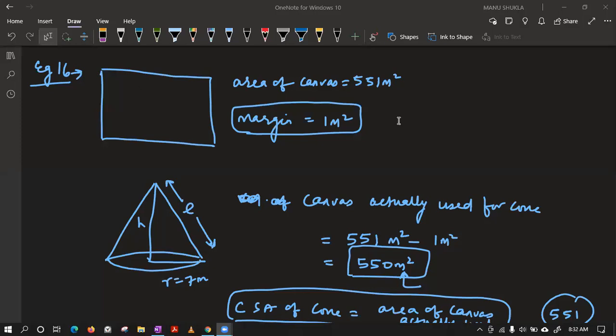Yes, you can get that, and after you have found it, we can find the length. But in this canvas nothing is given to you, na? Neither the length, neither the breadth. They have just given you the area, na? If they had given you the breadth, in that case you could have found the length. Sir, breadth we can find from the cone because their area is same, 550.